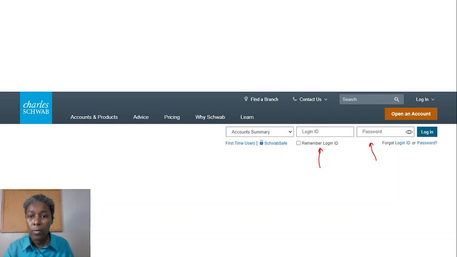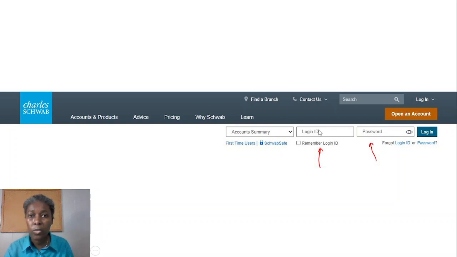So let's say you open an account with them, so you'll set up your online account, and you can click on open an account to go through that process, and you will have your login and your password. So let's assume you create an account with Charles Schwab.